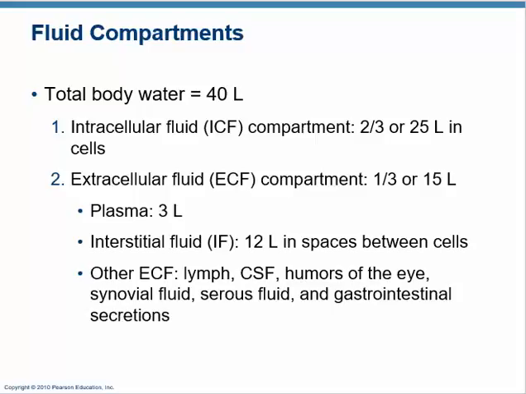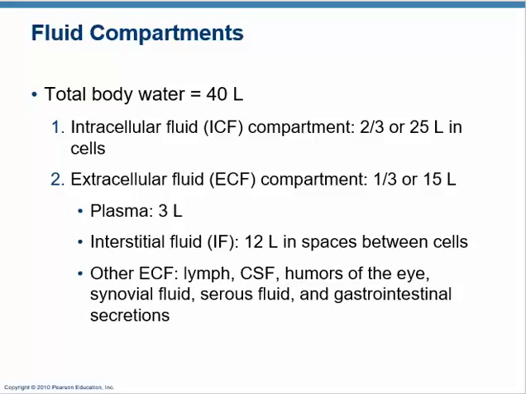Extracellularly, there is about 15 liters, 1/3 of the water. Blood plasma is about 3 liters because we have about 5 liters of blood. Interstitial fluid is 12 liters. And between those two things, they make up most of the extracellular fluid.